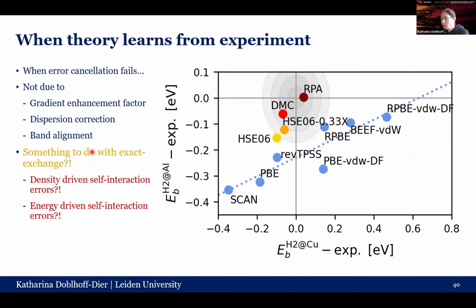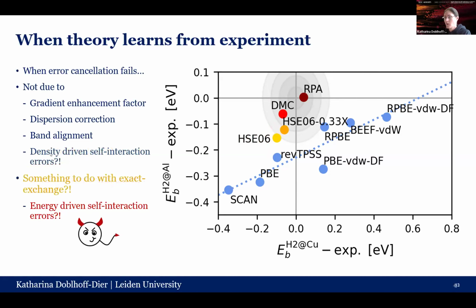But still, something happens with the exact exchange. Whenever we turn on strong exact exchange, things get better. So the obvious candidates to look for might be density-driven self-interaction errors or energy-driven self-interaction errors. And from other calculations in the literature, we know that going from a hybrid calculation to a non-self-consistent hybrid calculation, in which we use the density from a DFT calculation but then just form a hybrid calculation on top, at least for O2 reacting on aluminum, doesn't help.